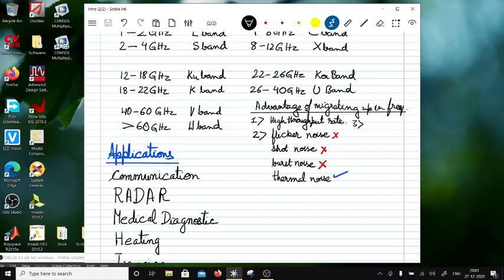If you were to make radars at L band or S band, they will not have very good resolution. That's why for all the automotive stuff we have radars set around the 24 gigahertz band or 77 gigahertz band, because we are talking about targets which are much smaller. To resolve those targets you need a high frequency. So that's another reason: high resolution in radars.